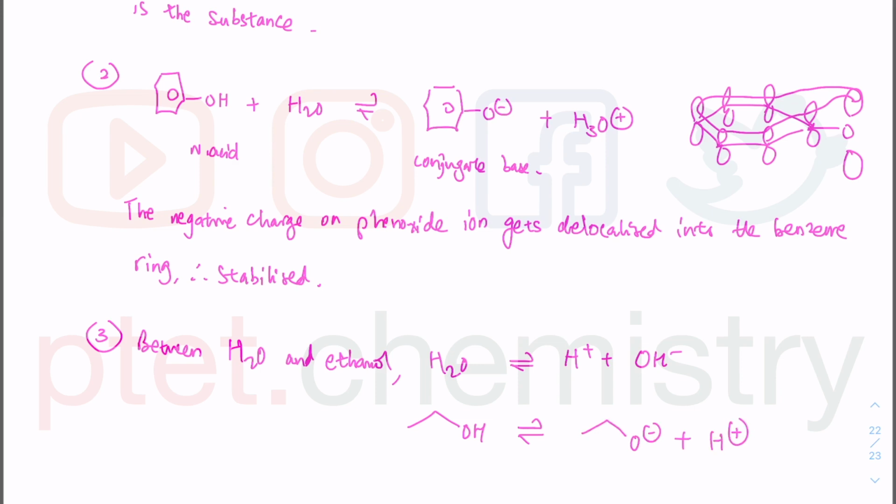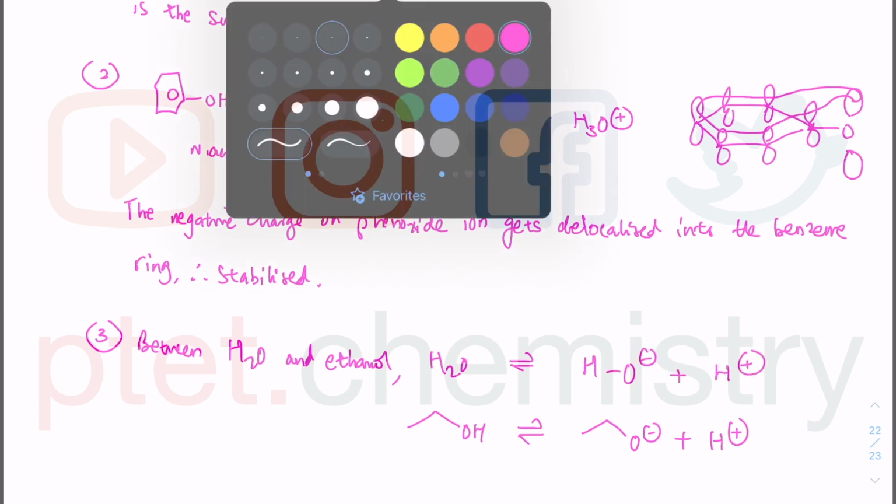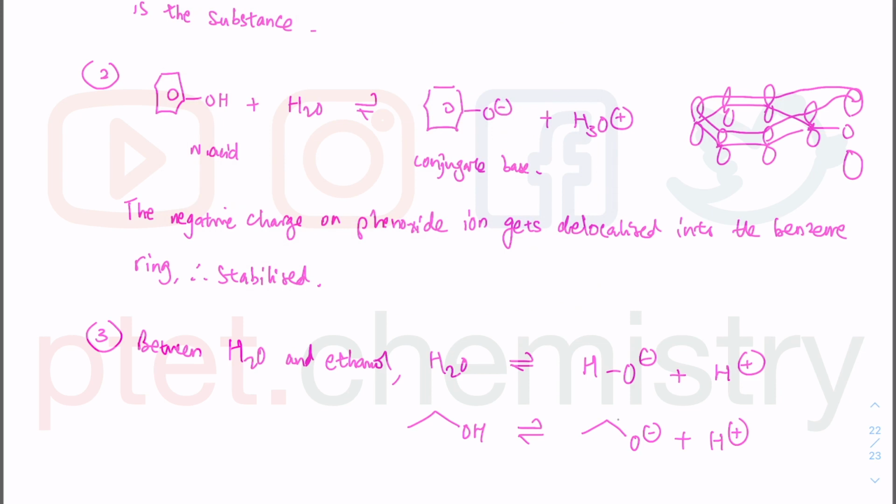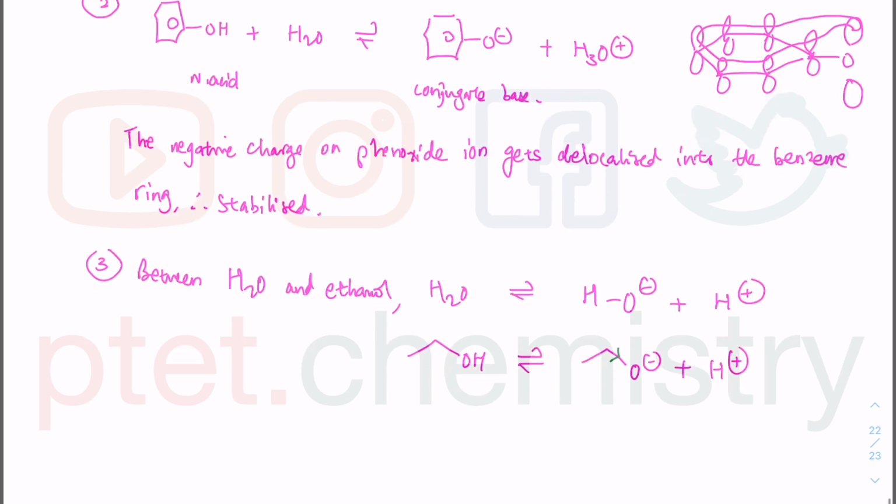It's probably easier if I actually have this shown like this. So it's a lot clearer to see what is going on. Hopefully you can see that. This thing is electron donating, but the hydrogen is not donating because it doesn't contain any carbon. There's only one electron there. But this is a CH2CH3, so it's an alkyl electron donating group.